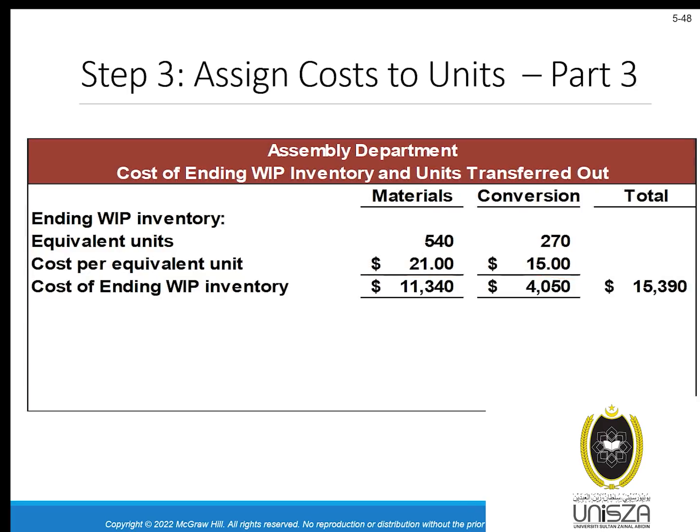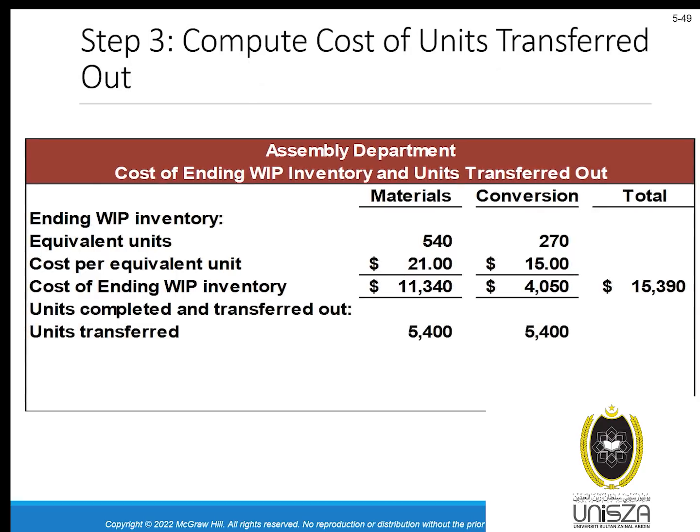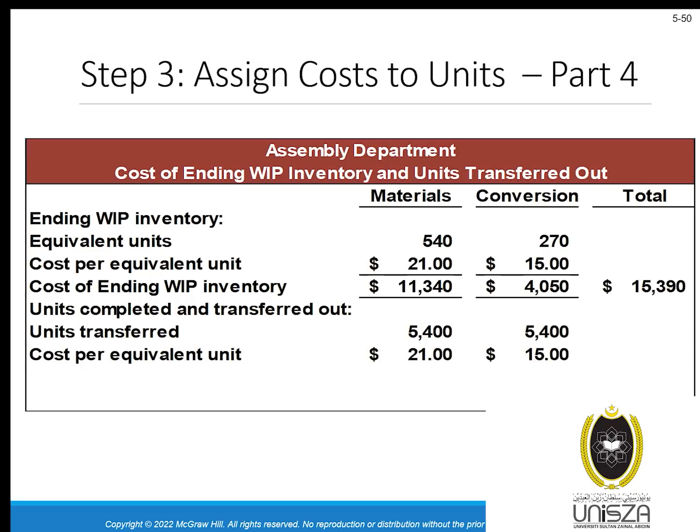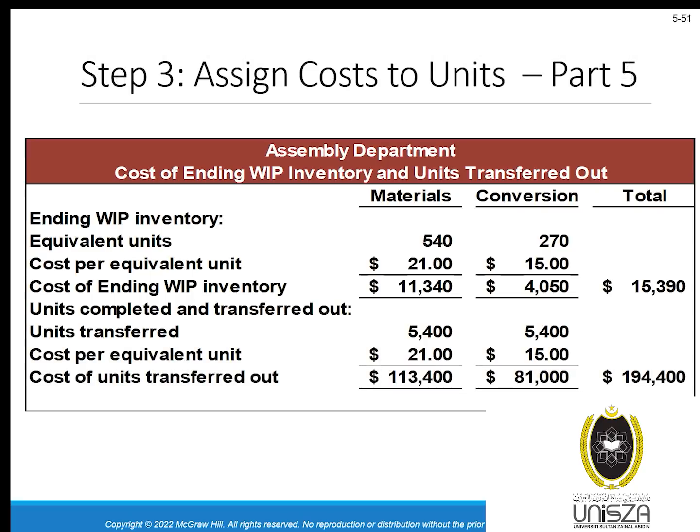And then we get the cost of ending WIP inventory, 11,340 for materials and 4,050 for conversion. And then we provide here the units completed and transferred out. Units transferred 5,400 for both, times the cost per equivalent unit, and then we get 113,400 for materials and 81,000 for conversion, and then we get the total.